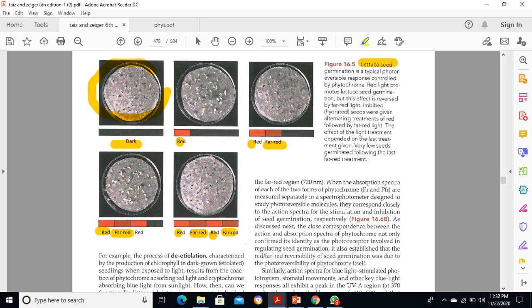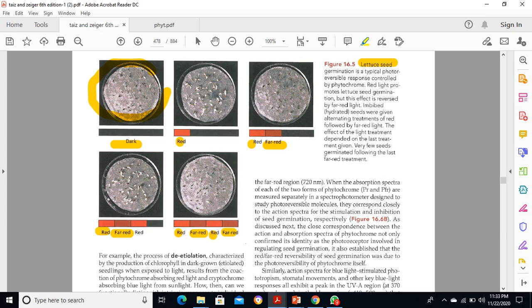Okay, so you can see that here red light promotes seed germination, and you have to see the last light to detect whether the seed germinates or not, because in some part C questions they ask, the seeds are treated with red light, far red light, then what is the response. Like that, a question was there.